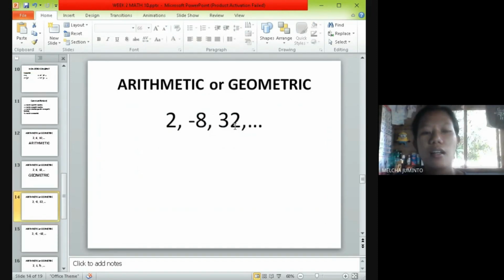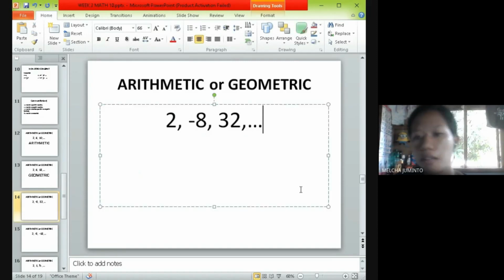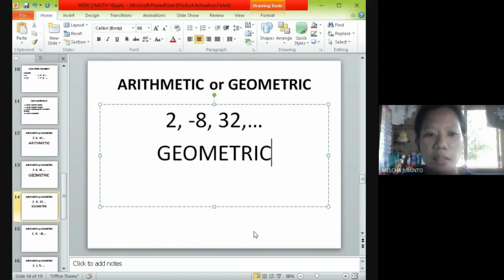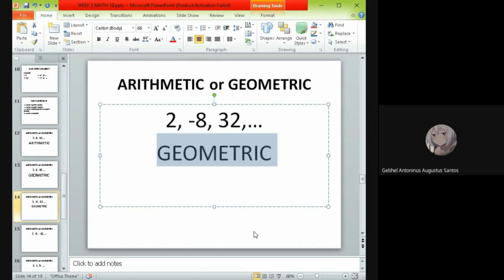Next, 2, negative 8, 32. Arithmetic or geometric? Geometric po. Okay, Jabel? Correct. Geometric. Why? Can you give the reason, Jabel, why this is a geometric sequence? Mayroon pong common ratio.